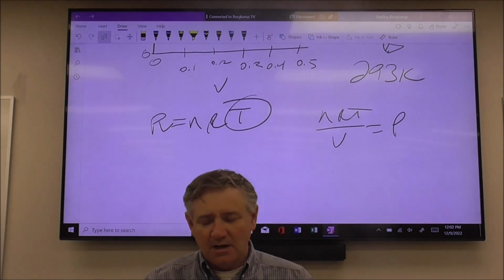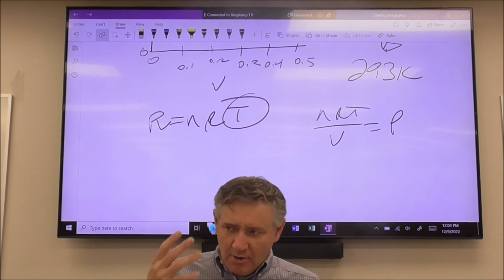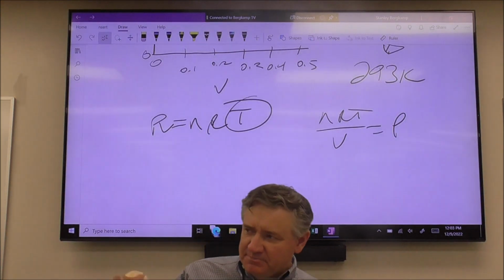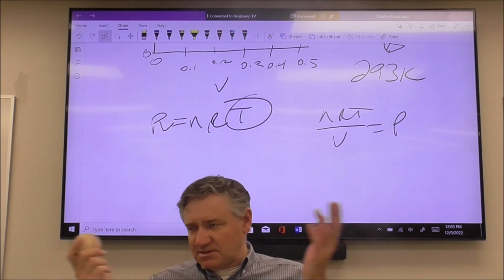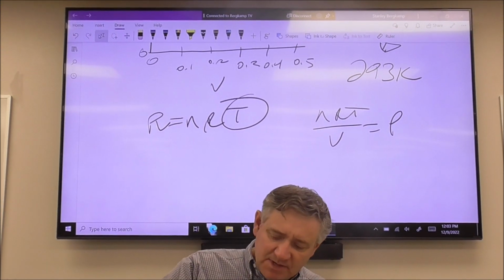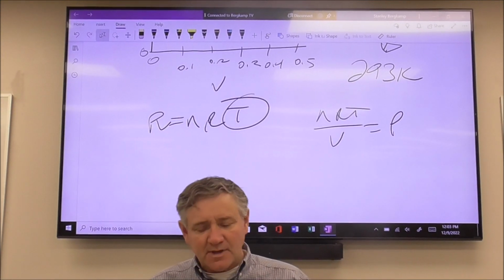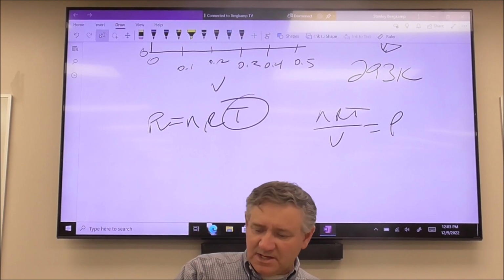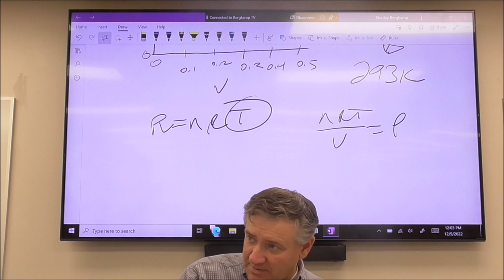Now, it's handy if you visualize how a pressure sensor works. So if you model this baseball as being like a nitrogen or oxygen gas molecule, when it hits, it's going to bounce back. And obviously the faster it's going, the more force it's going to take. So if it's just a little bit like this, that's different than something like that.